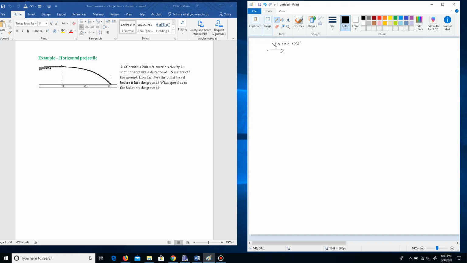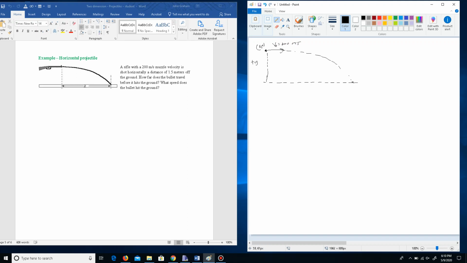Okay, so with this starting, I'm going to set my 0, 0 at the gun, and I'll call down positive. So it's going off and it'll come and hit the ground.